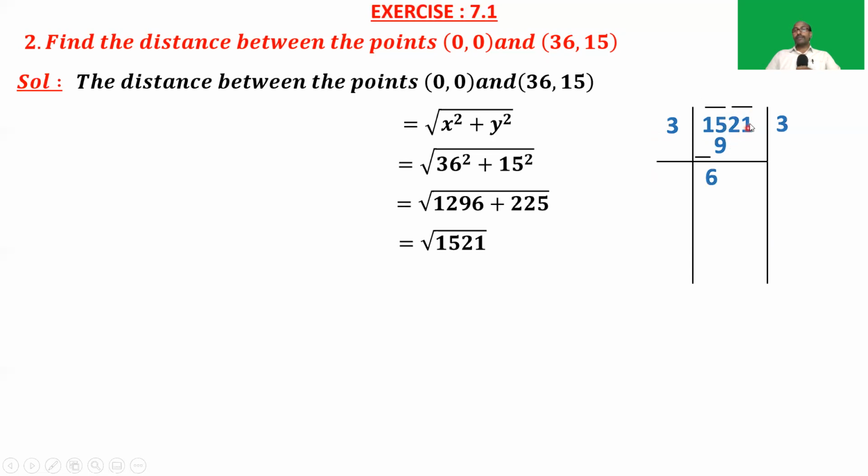Now write down this part 21 and add 3 to this 3, which is equal to 6. And now 69 nines are 621. So here the square root of 1521 is 39. So root 1521 is 39.